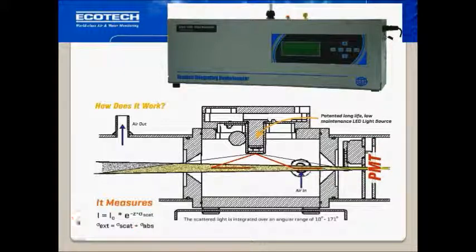The beauty of that system is that you basically measure the absorption exponent for the scattering in one shot, and this extinction coefficient consists of the scattering coefficient and the absorption in there.